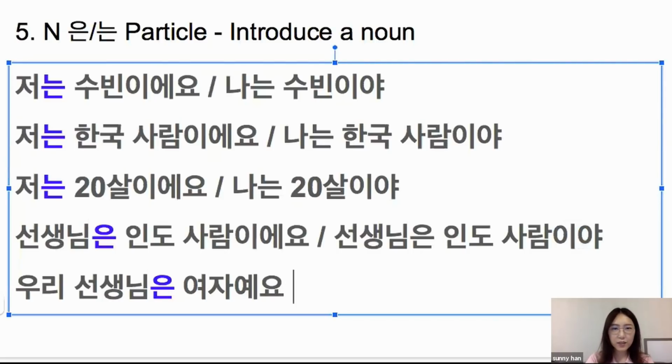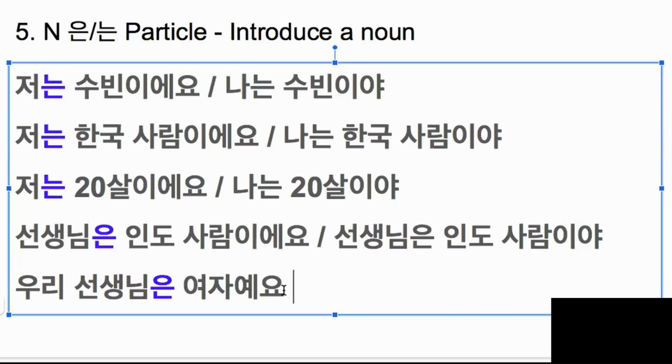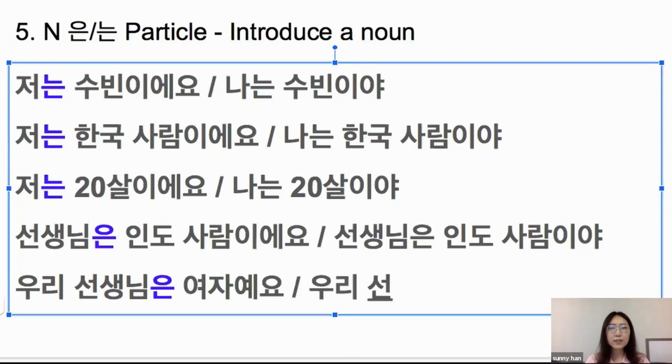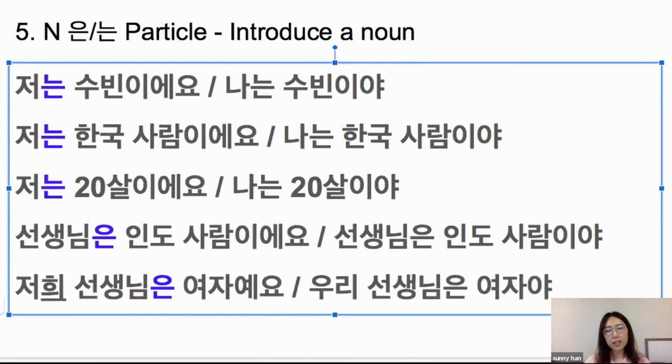So what about this one? My teacher is a female teacher. 우리 선생님은 여자야. Correct. Informal way, 우리 선생님은 여자야. 저희 선생님은 여자예요. 저희 is formal, 우리 informal.